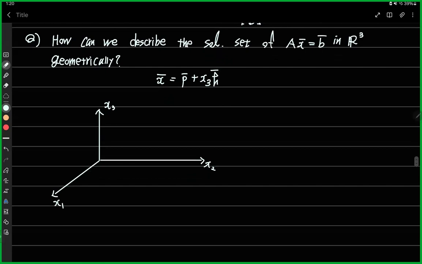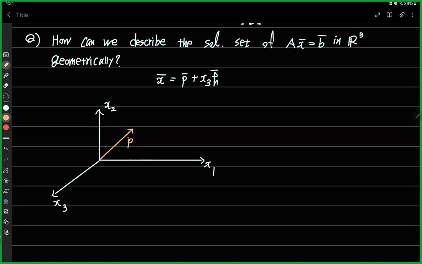But hold on a second. Let me say this is x3, this is x1, this is x2. So I changed the index of the axis. Then p, the particular solution, must be like this.